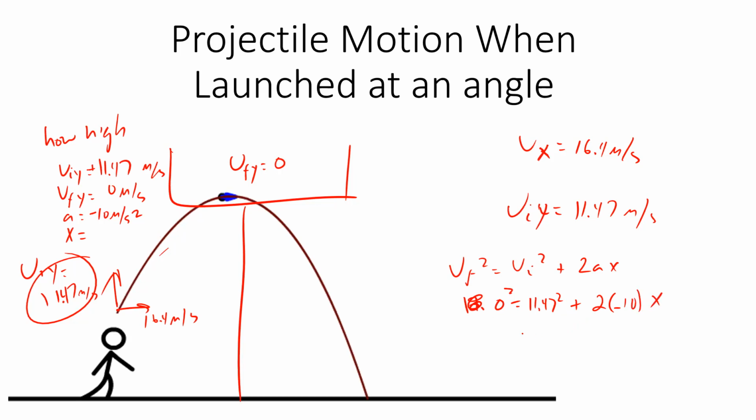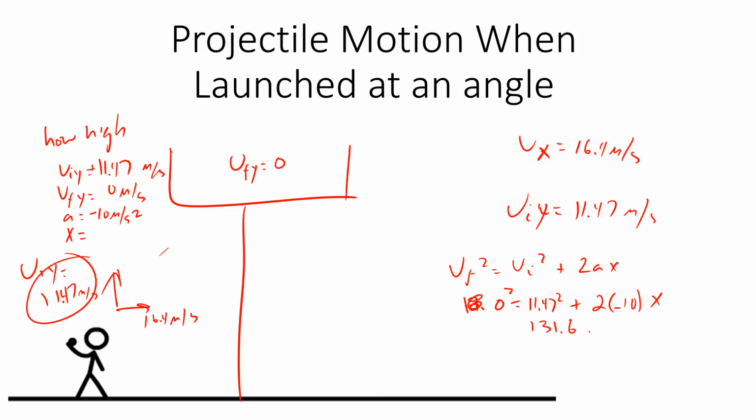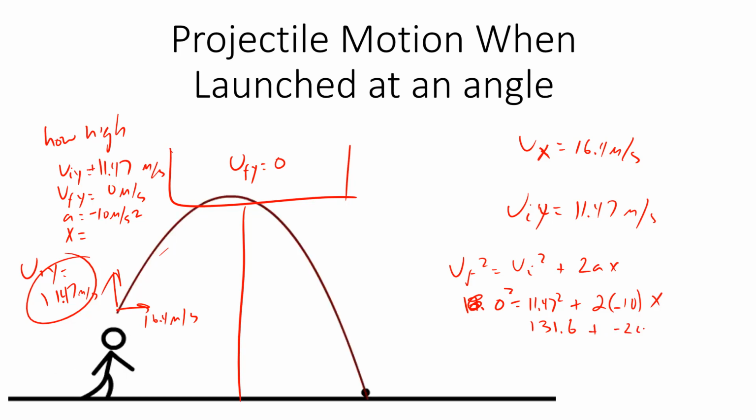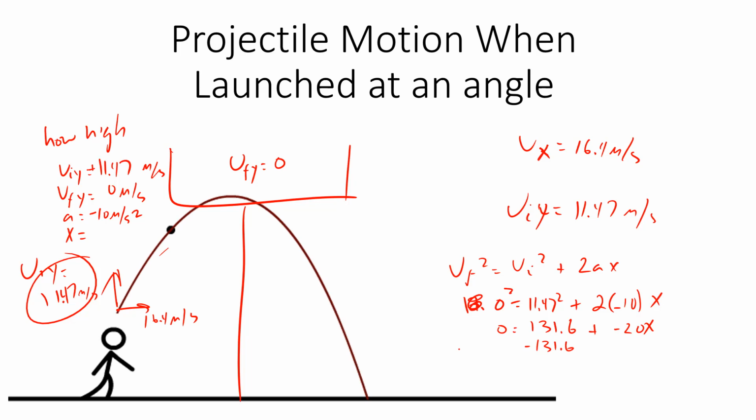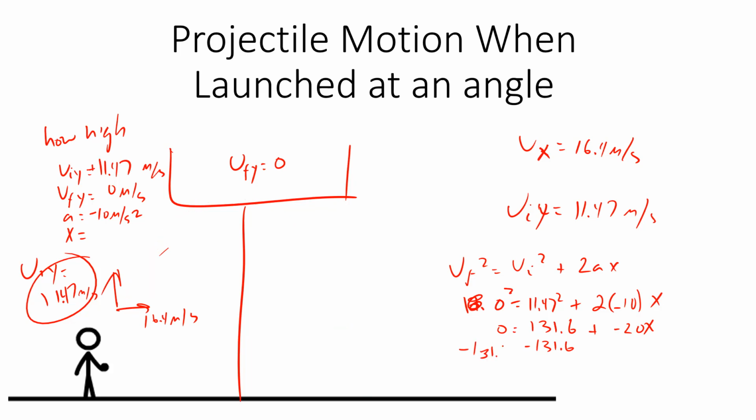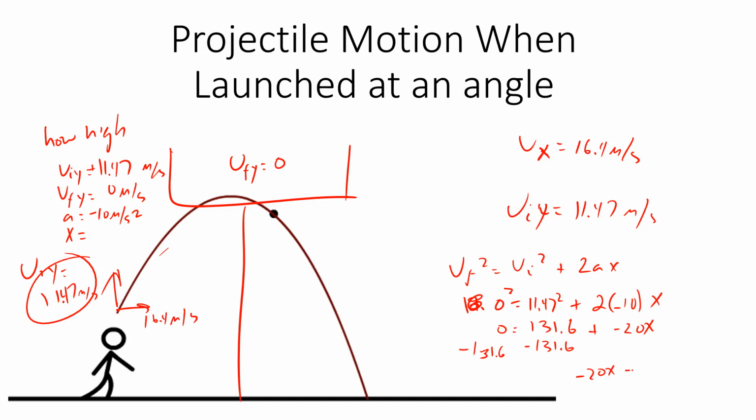And so when we do this, 11.47 squared equals 131.6 rounded, plus negative 20x, which is really a minus 20x, equals 0. The next step is to subtract 131.6 from both sides, and we'd get negative 20x equals negative 131.6.